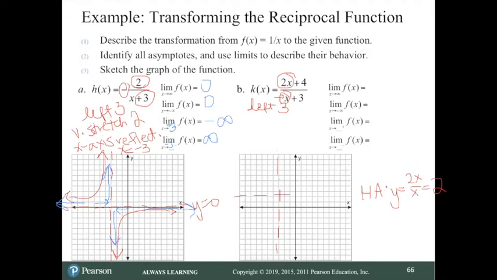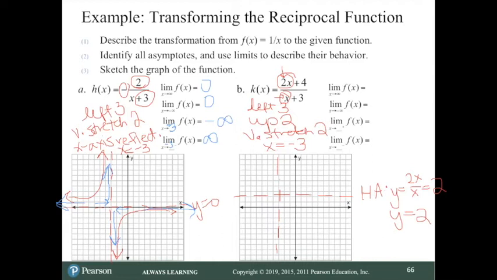So there is our horizontal asymptote at y equals 2, and our vertical asymptote at x equals -3. So we move to the left by 3, up by 2, and we also have that leading coefficient of 2. So that's a vertical stretch by 2 because of our leading coefficient there.